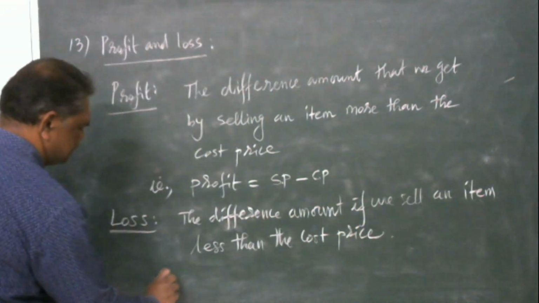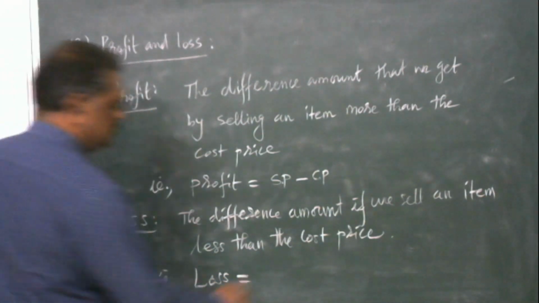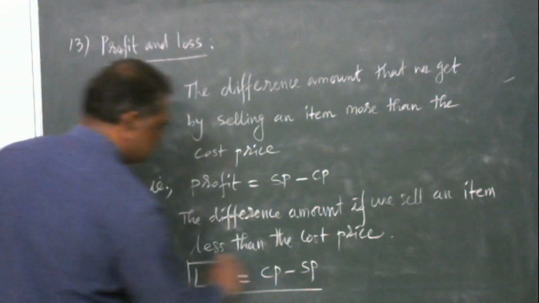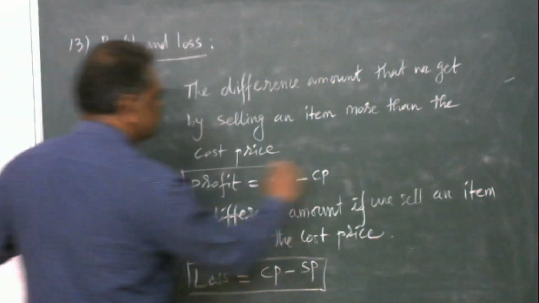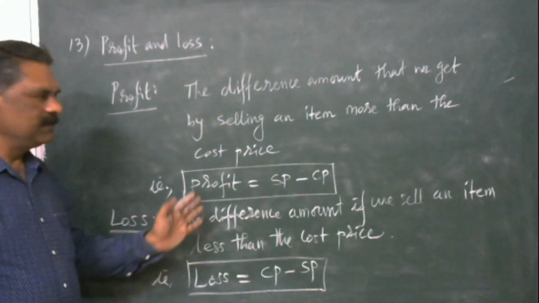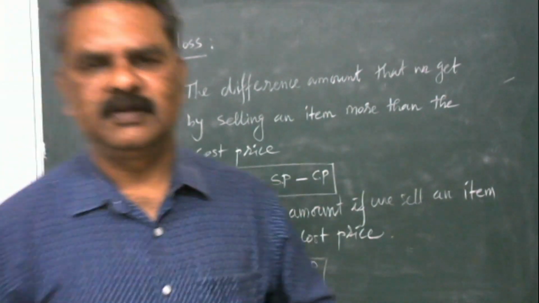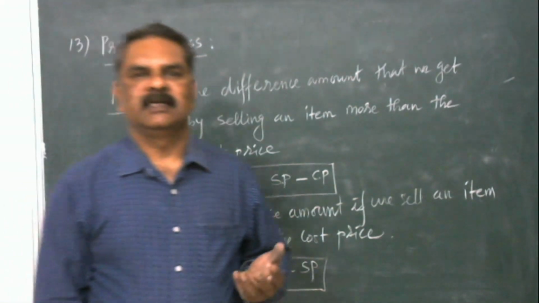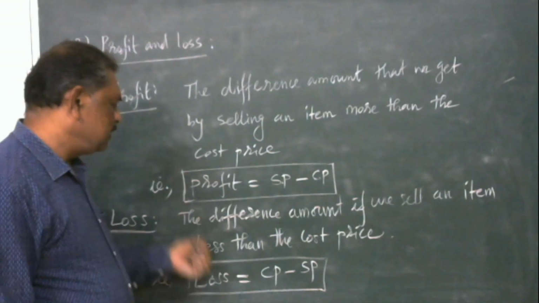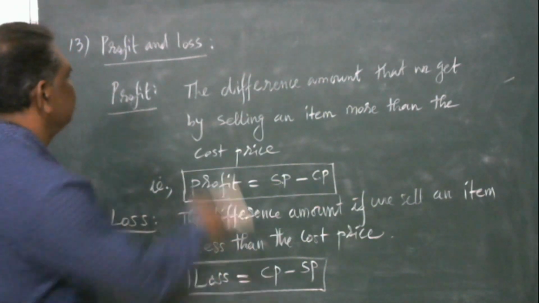That is, loss is equal to cost price minus selling price. Loss is cost price minus selling price. Profit is selling price minus cost price. So the difference amount you need to calculate. If you sell at a higher price, certainly we will be getting extra money, that is called profit. If you sell at a lesser price, then you will incur a loss. You will be losing some money.